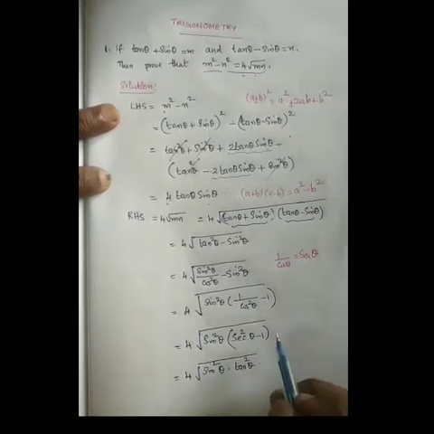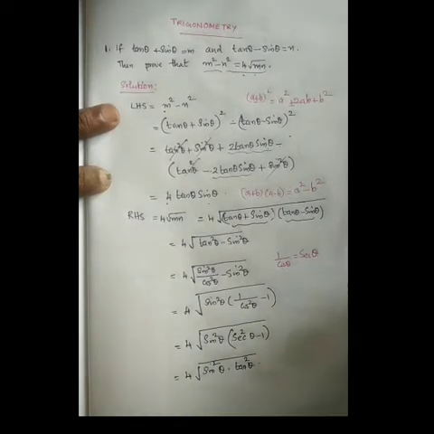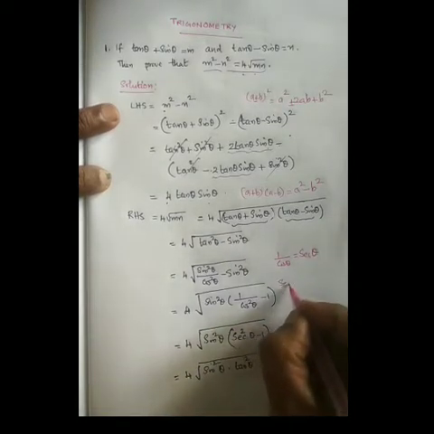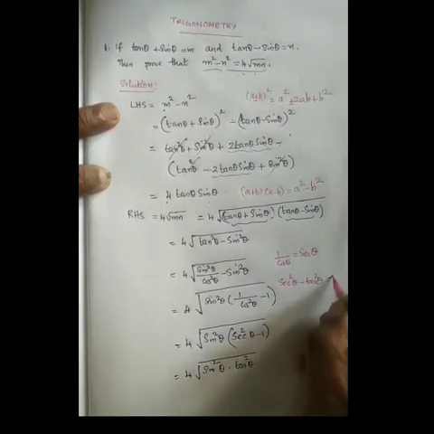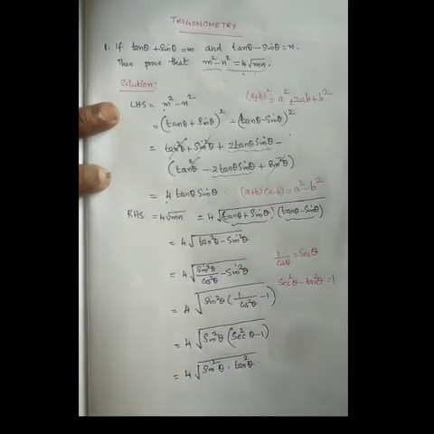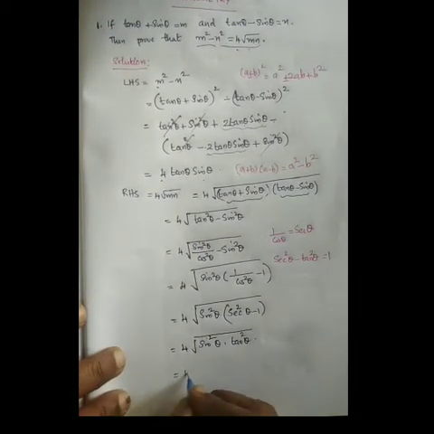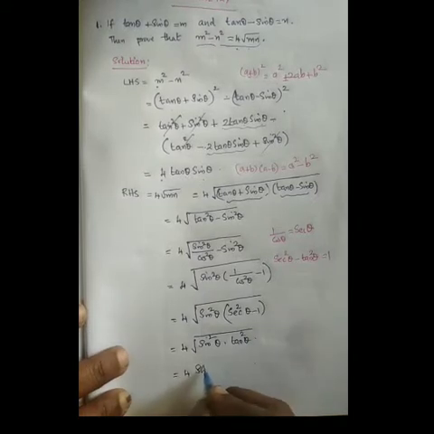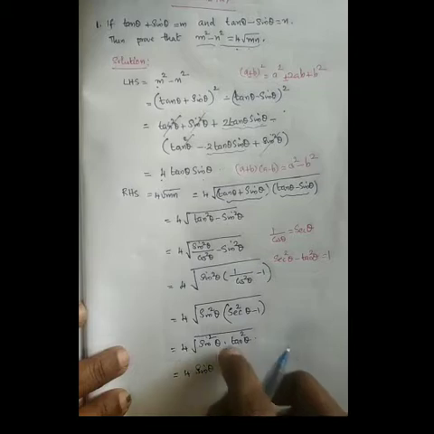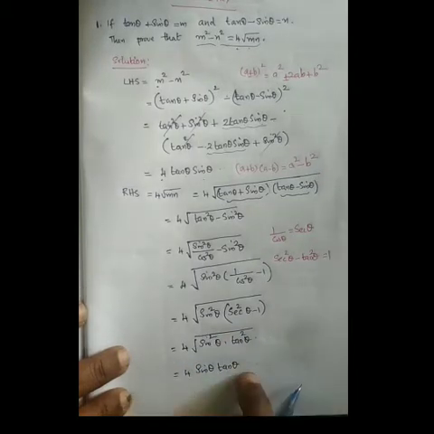We know the identity sec square theta minus tan square theta is 1. From this, sec square theta minus 1 is tan square theta. Okay, that is equal to 4 into square root of sin square theta is sin theta and square root of tan square theta is tan theta, that is 4 sin theta tan theta.